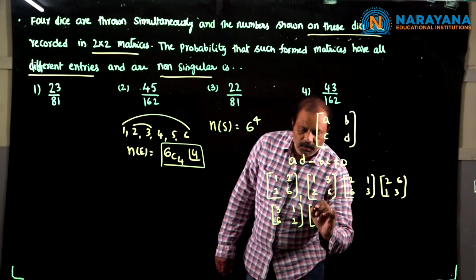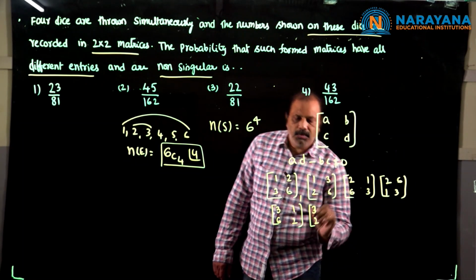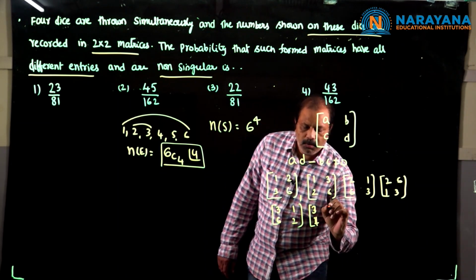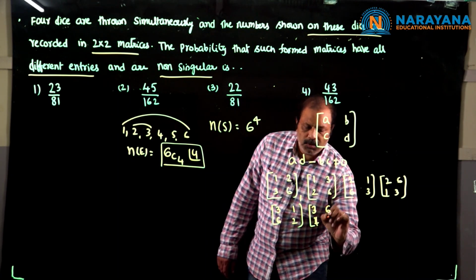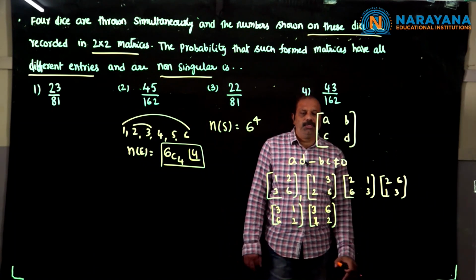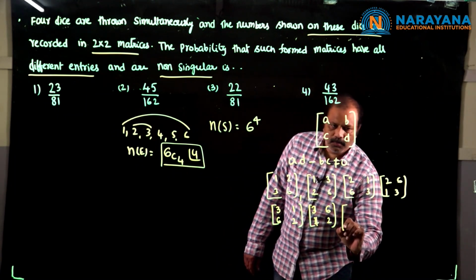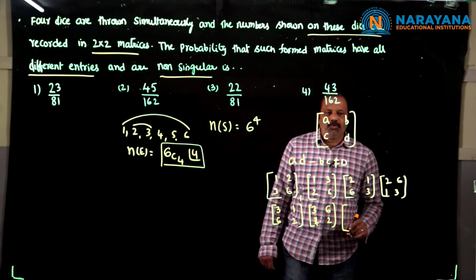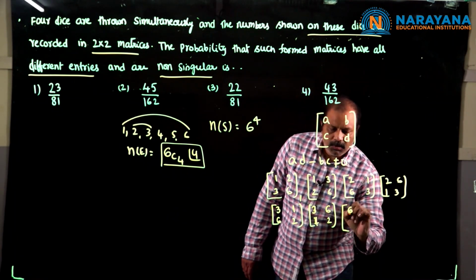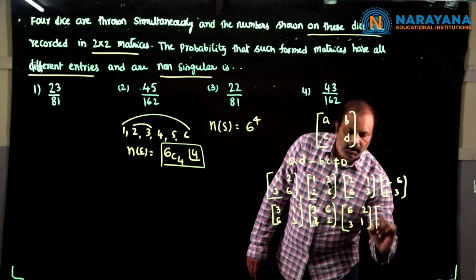Next possibility 3, 6, 1, 2. Next possibility 6, 1, 2, 3.